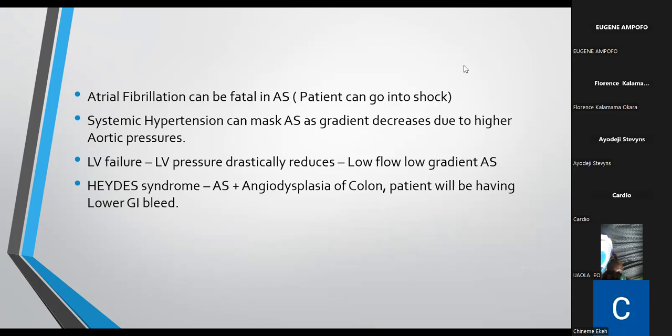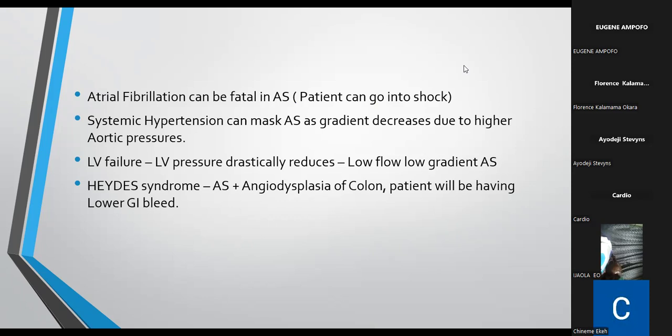Systemic hypertension can mask the AS because systemic hypertension can also lead to an LVH from pressure overload. Heart failure can drastically reduce the pressure gradient, that is low flow, low gradient AS.